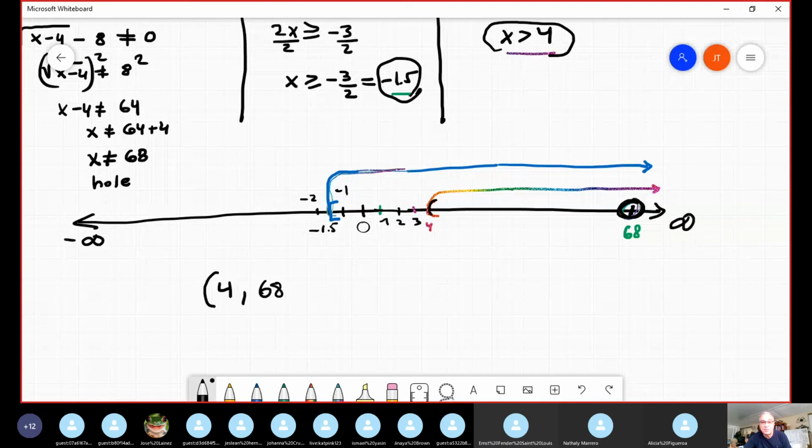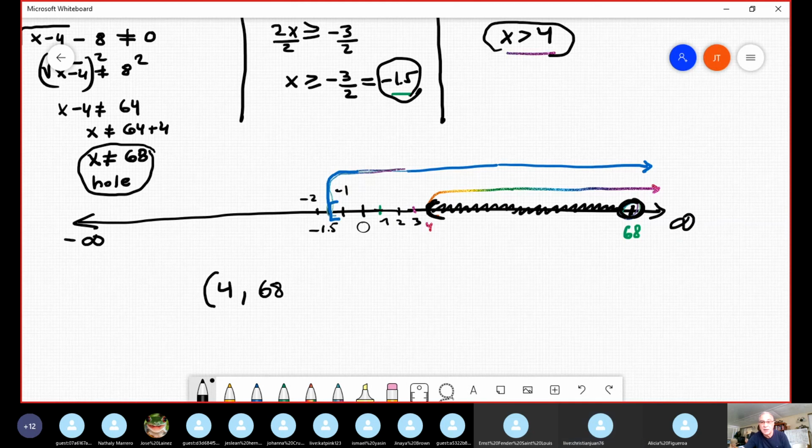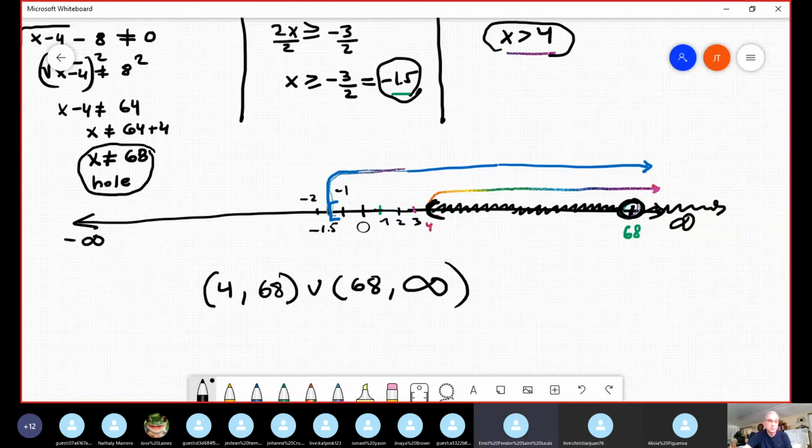My answer is parentheses here, for this interval. Stop here. No 68, 68 is the bad guy. Look at that hole. And this continues forever to positive. So now I understand: parentheses, union, 68. Oh my God. Do you see or not? Yeah, I understand. Okay.